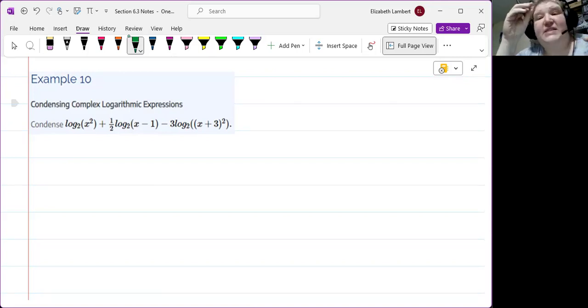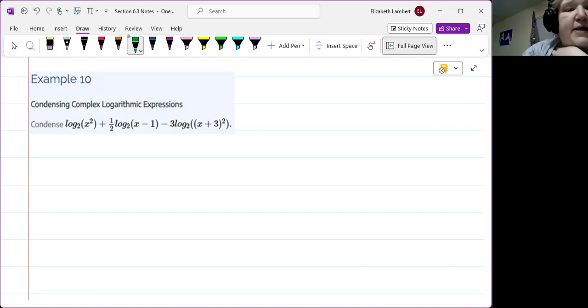Now we can move this as a -3, or we can leave the negative and just move the 3 and then end up writing it on the bottom. Either way is correct. Typically, when we finish these condensations, we want to write things without negative exponents. So you can do it either way that makes sense to you. Just at the end of the day, eventually you have to move it down to the bottom.